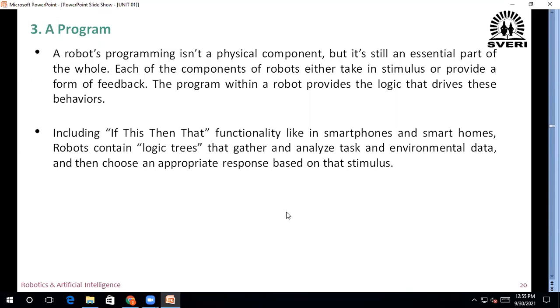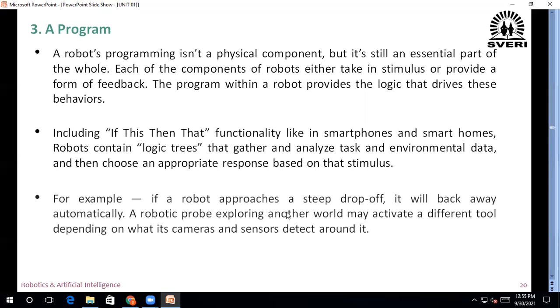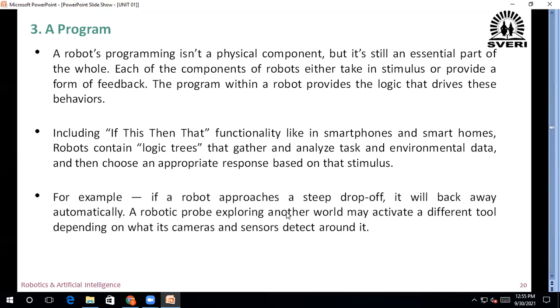Robots contain logic trees that gather and analyze task and environmental data and then choose an appropriate response based on that stimulus. For example, if a robot approaches a steep drop-off, it will back away automatically. A robotic probe exploring another world may activate a different tool depending on what its cameras and sensors detect around it.